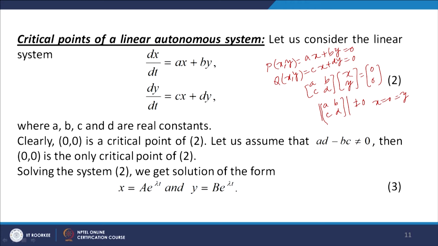Now, let us solve the system 2. When we solve this homogeneous system of linear equations, then we have x equal to a e to lambda t and y equal to b e to lambda t. Solutions of this form we get.